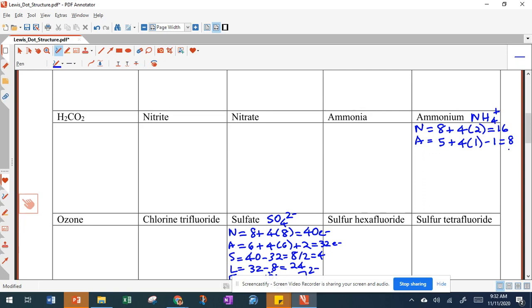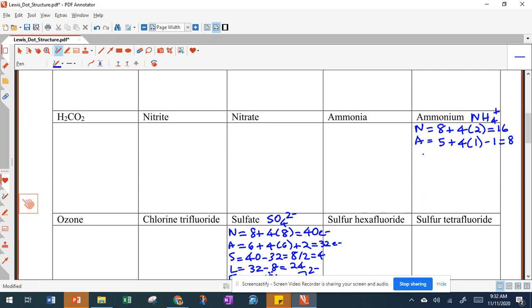When you're doing these, you should never get an odd number for needed, available, shared, or lone. An odd number would indicate a free radical, and we're not going to do any free radicals. So always be careful if you're getting odd numbers, probably because you have a calculation mistake.